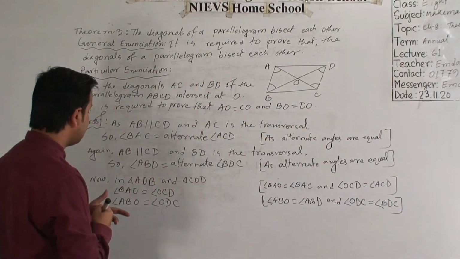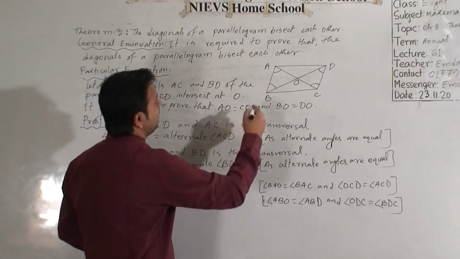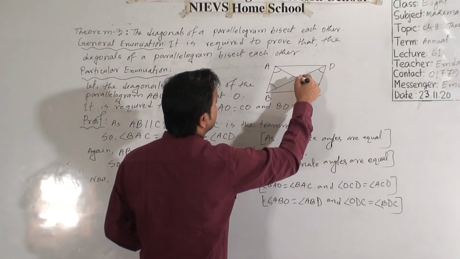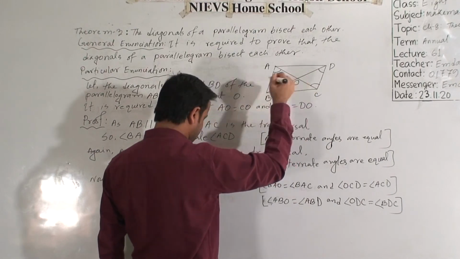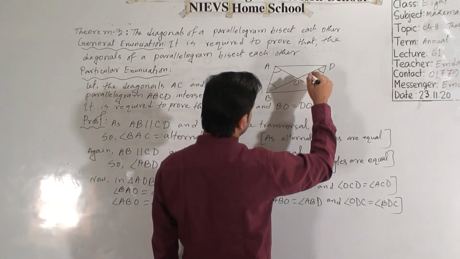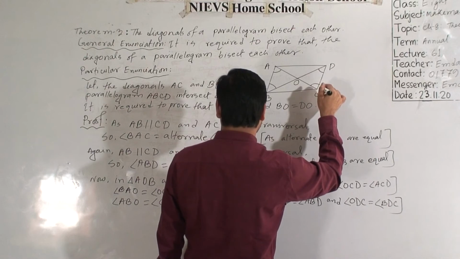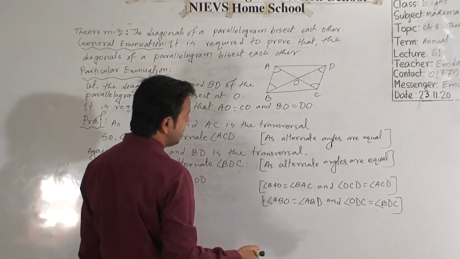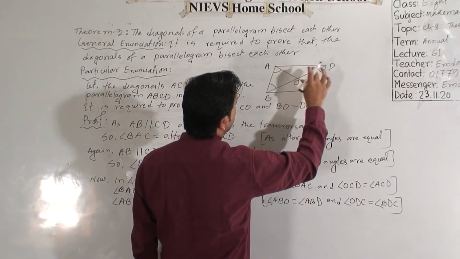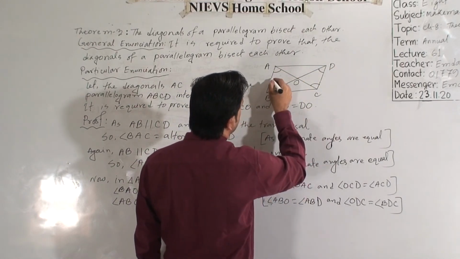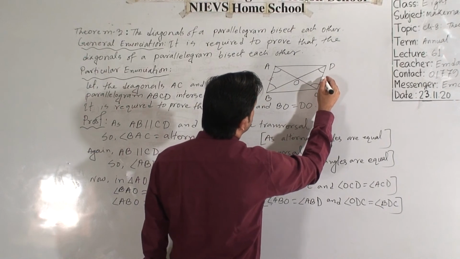Dear students, you have seen that angle BAO is equal to angle OCD and angle ABO is equal to angle ODC. So we can say that these two angles will be equal to these two angles. Now AB equal to CD.